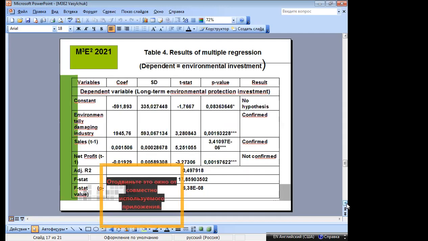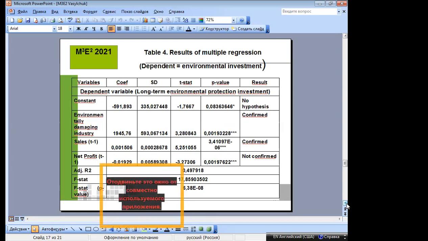The following factors are also significant for long-term environmental protection investment. However, the adjusted coefficient of determination for the model at 59% level indicates a sufficient explanatory power of the estimated model. There is a negative relationship for the net profit determinant, which refutes hypothesis 3.